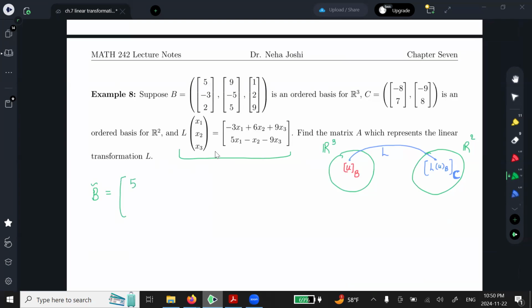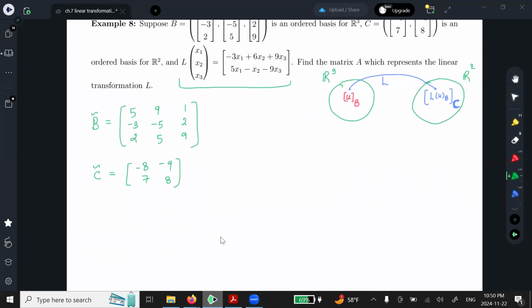So I'm going to combine all the vectors in the ordered basis B: 9, -5, 5, 1, 2, 9. And let's just combine all the vectors in the ordered basis C, and let's just call it C tilde for the matrix. Now in this case, they haven't made your life simple.